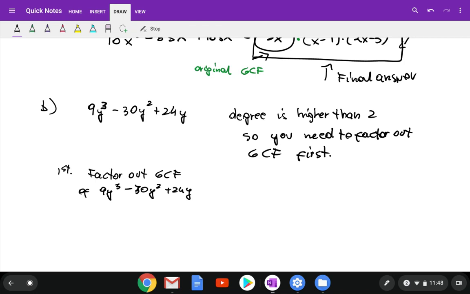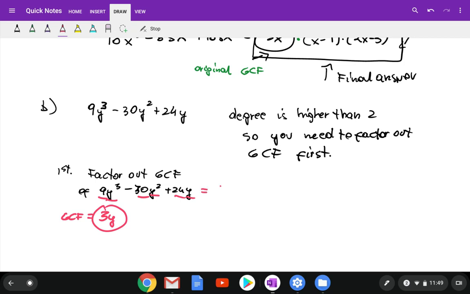So let's find our GCF. You have 9, 30, and 24. Find the greatest integer which can divide 9, 30, and 24. That will be 3. And then we have y to the third, y squared, and y. So when you have the same variables, you pick the one with the lowest exponent. So it's 3y. That's the GCF.